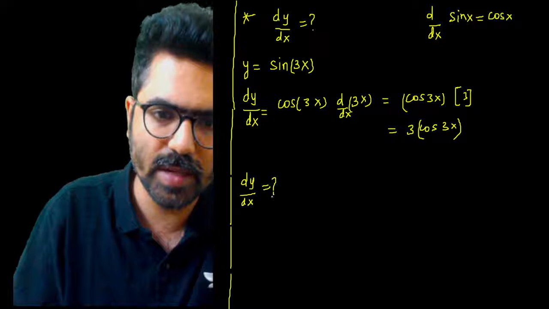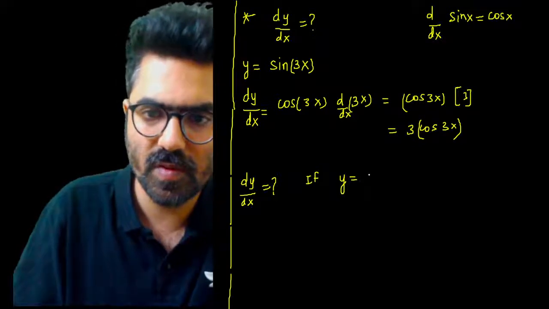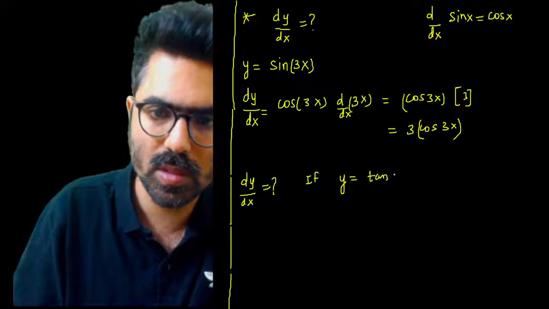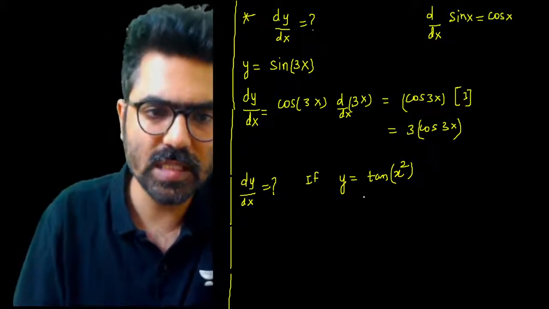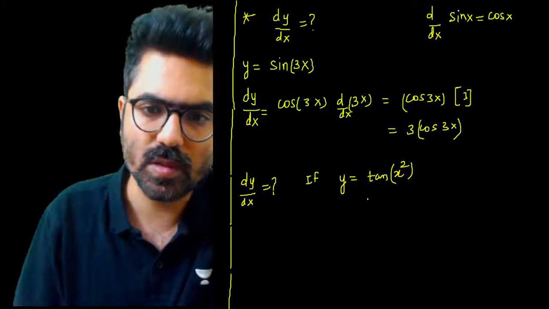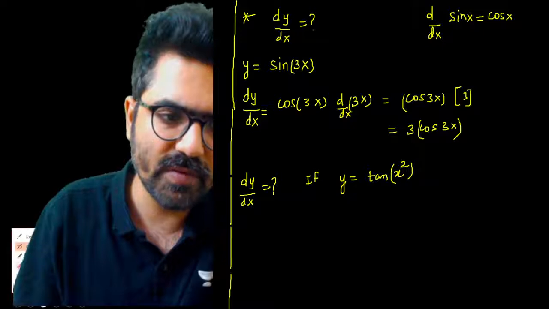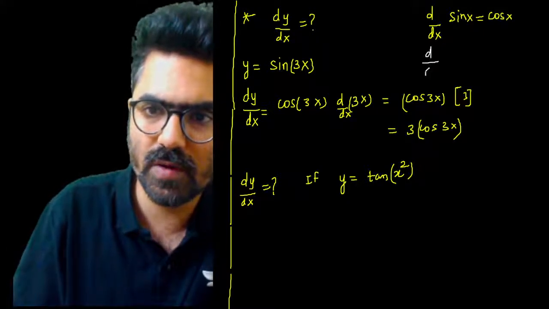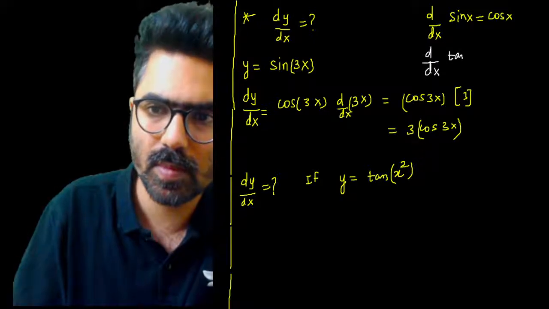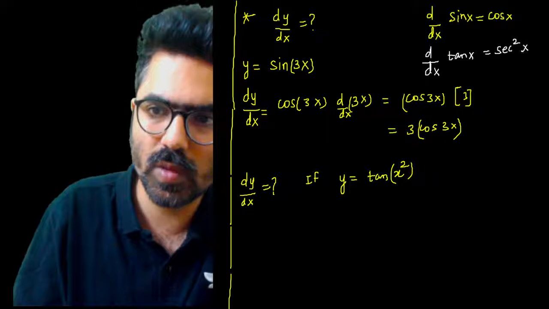Find dy by dx if y is equal to tan of x square. Let's recall the formula for tan. The derivative of tan x is sec square x.